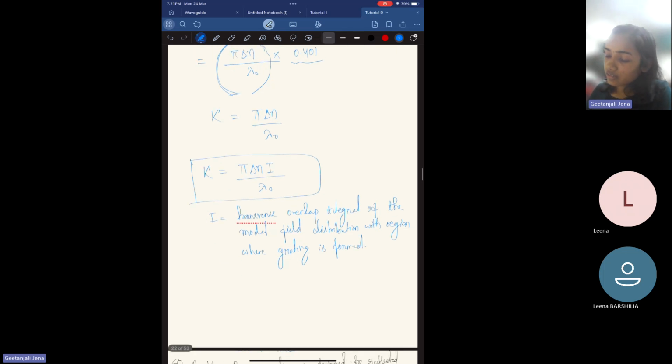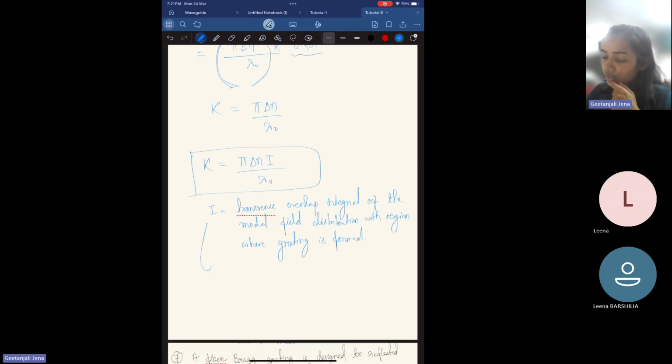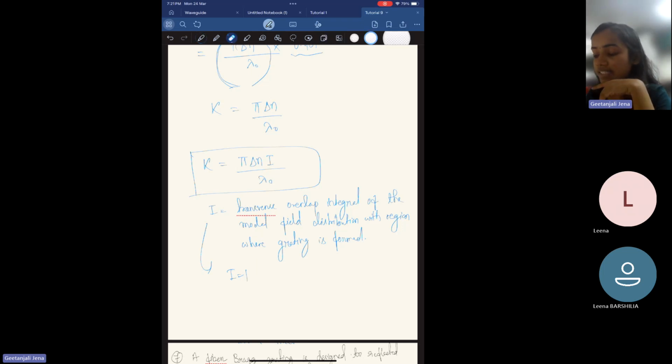And in the early case, this value will be 1. When we have a plane wave interaction in a medium, we will see that I will come around 1. So that is why in question number 1 and 2, we have taken only kappa as pi delta n over lambda b.